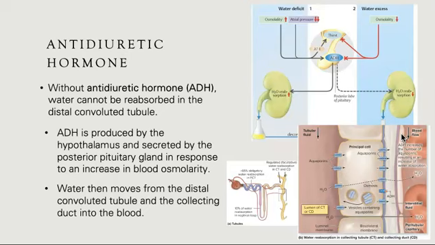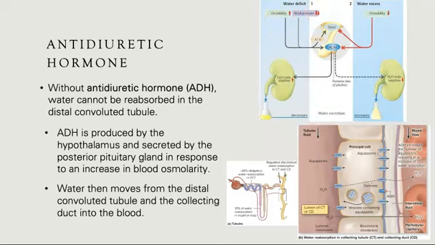And here is our ADH, our antidiuretic hormone. So water can't be reabsorbed within the distal convoluted tubule unless we have ADH being secreted. Here we see a visual where we are first at a water deficit. So think you are dehydrated.